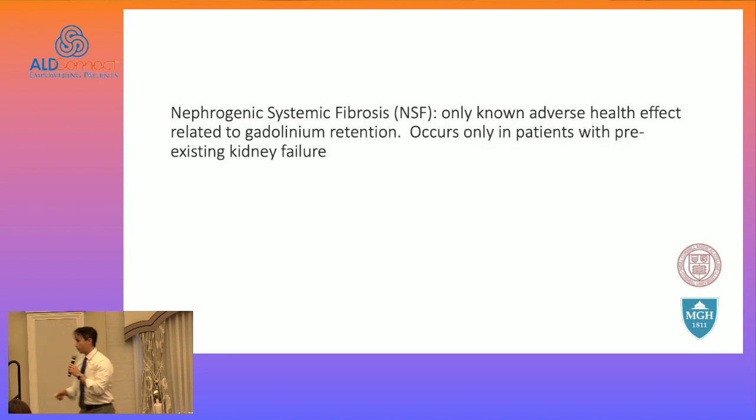The only outcome that we should be really aware of is in kids with pre-existing kidney disease. If you give them contrast, they're at risk for nephrogenic systemic fibrosis, which is pretty devastating. But in kids without pre-existing kidney disease, there have been no known adverse outcomes.